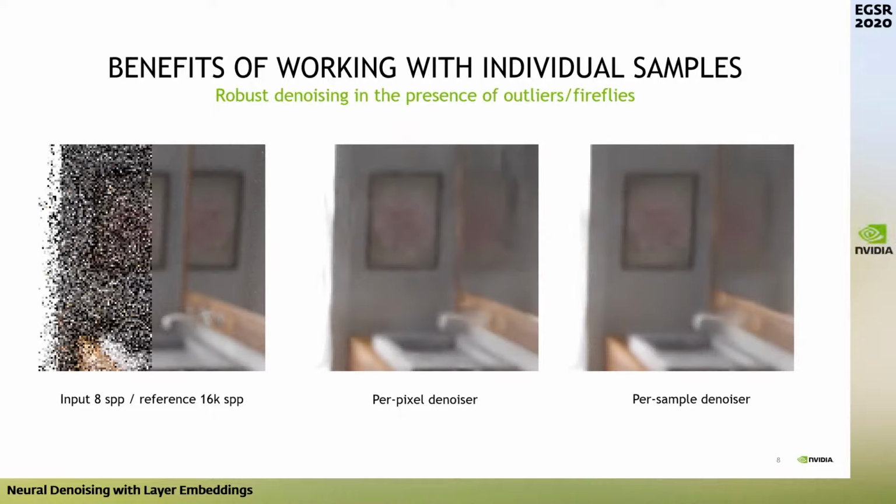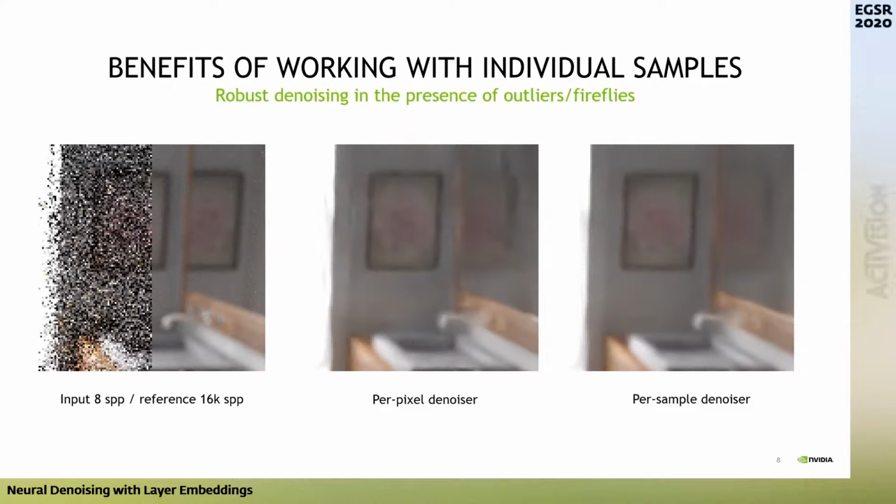To the left here, we see a very noisy input with so-called outlier samples or fireflies, and a corresponding reference with 16,000 samples per pixel. You can see there's still noise left at 16K. In the middle, I show the output from a per pixel denoiser.